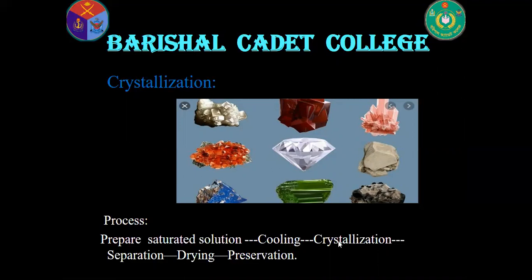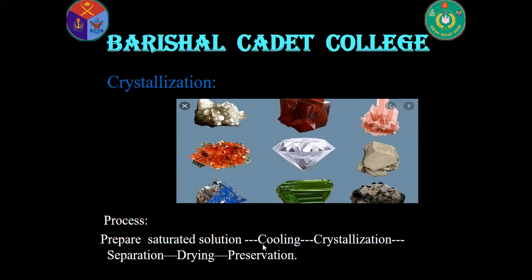The crystal is separated by filtration, then dried and preserved. This is the process of crystallization. At first, we prepare a saturated solution by applying heat.